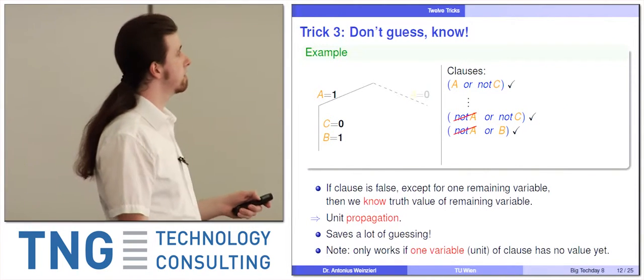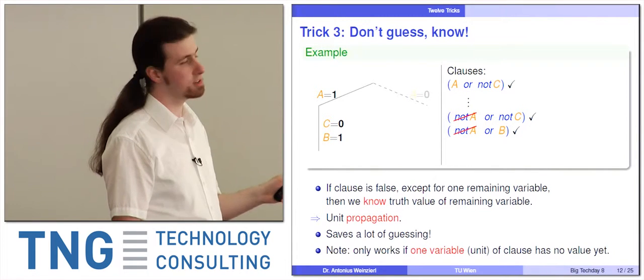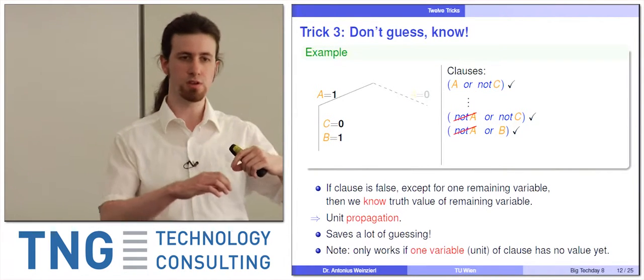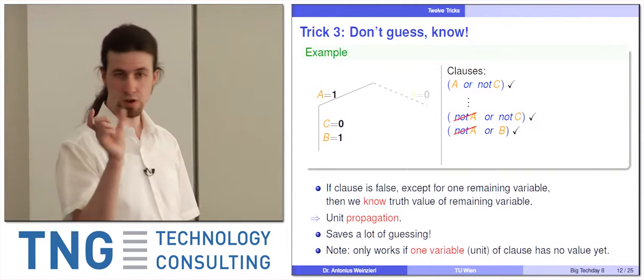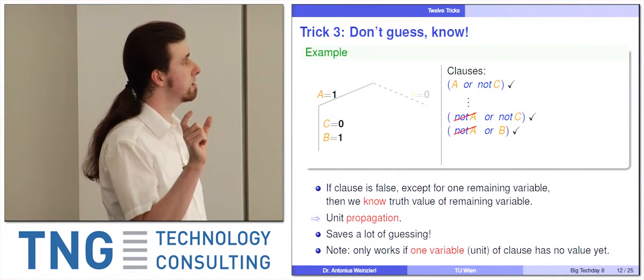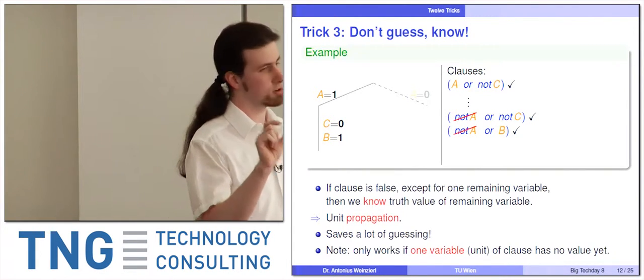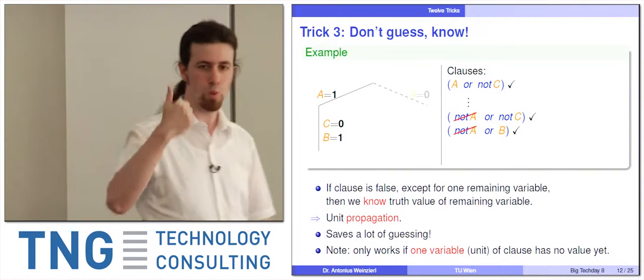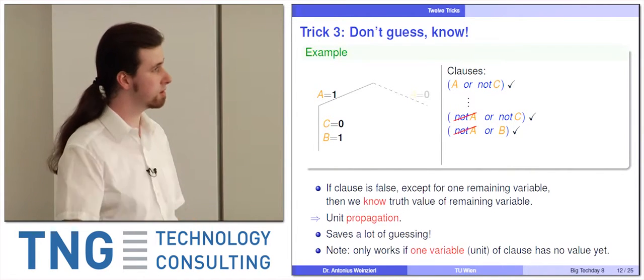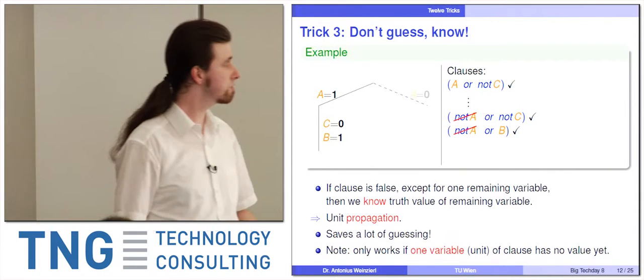And this condition, that the clause has everything unsatisfied except one remaining variable, is called unit. So the clause is called unit because there's only one possible variable left to make it satisfied.